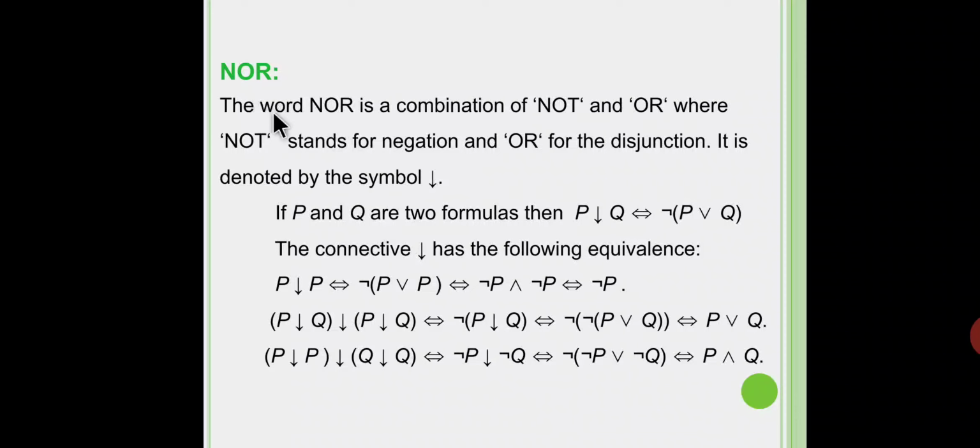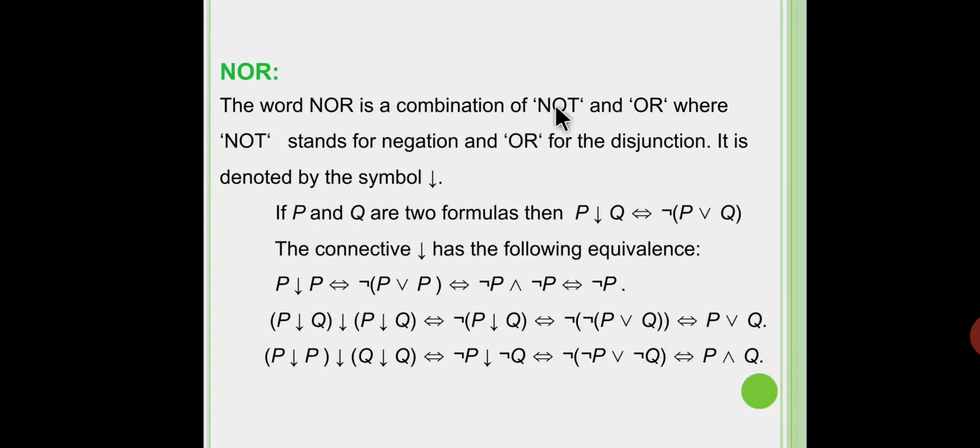So another connective, NOR. The word NOR is a combination of not and or, where not stands for negation and or stands for disjunction. It is denoted by the symbol down arrow. So if P and Q are two formulas, then P NOR Q is equivalent to, so this is the basic rule, negation of P or Q. So here some more equivalence relations are shown.